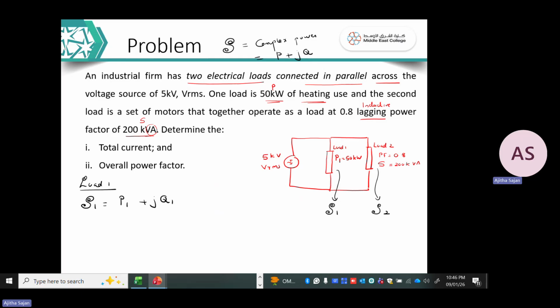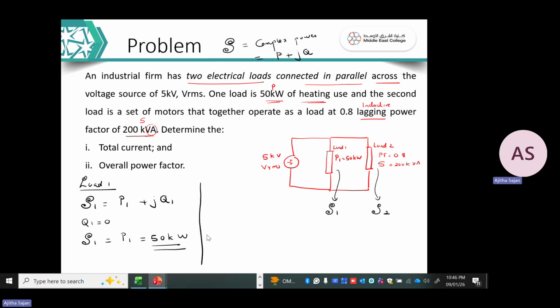The first load doesn't have any Q element, so Q1 is 0. So S1 should be equal to P1, that is nothing but 50 kilowatt. This is your S1 for the first load.